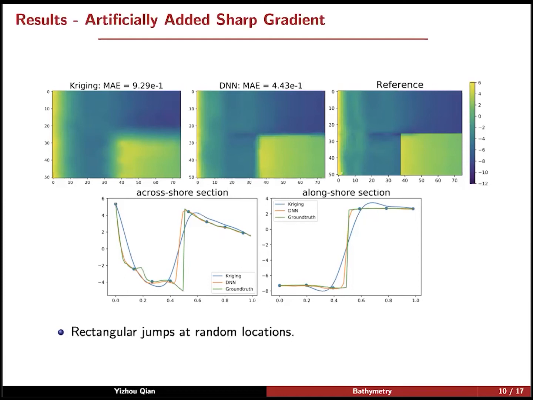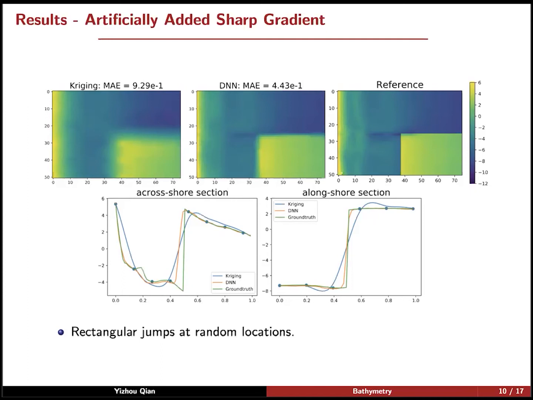I have also plotted the across shore section as well as the along shore section of the predictions. As we can see here, Kriging gives us a smooth solution near the location of the sharp jump, whereas the deep neural network has a much sharper boundary near the location of the jump.